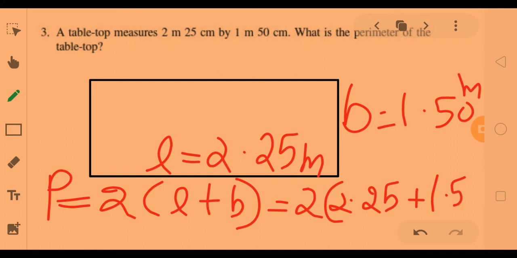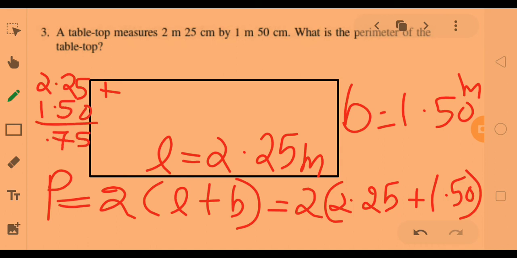Now the numbers in the bracket we have to add first. So 2.25 plus 1.50. How much do we get? 3.75 we will get in the bracket.